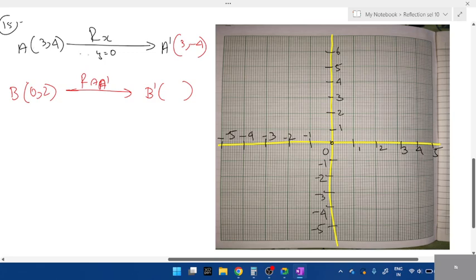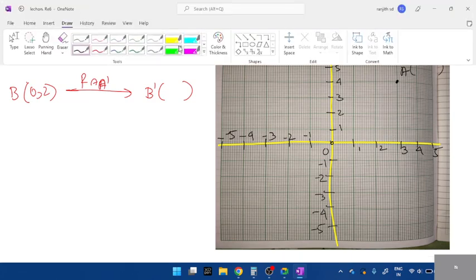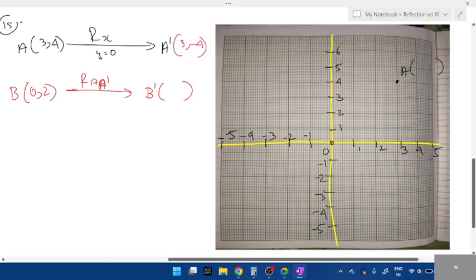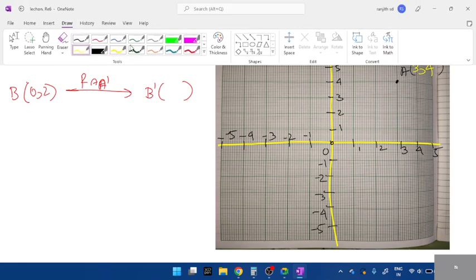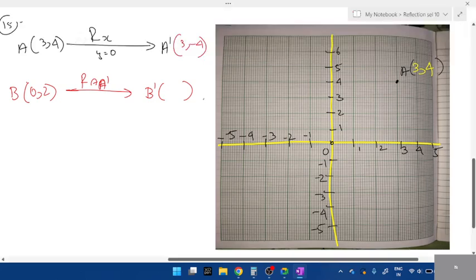First, we need to plot A, 3, 4. Next, where is the reflection, students? Where is A dash? Where is 3, 4? Fourth quadrant, right? 3, 4 is here.